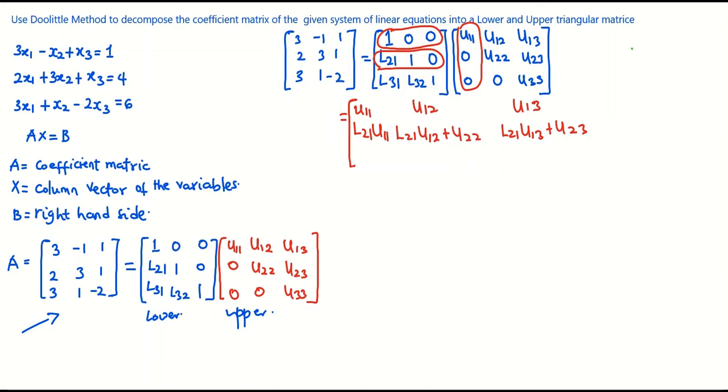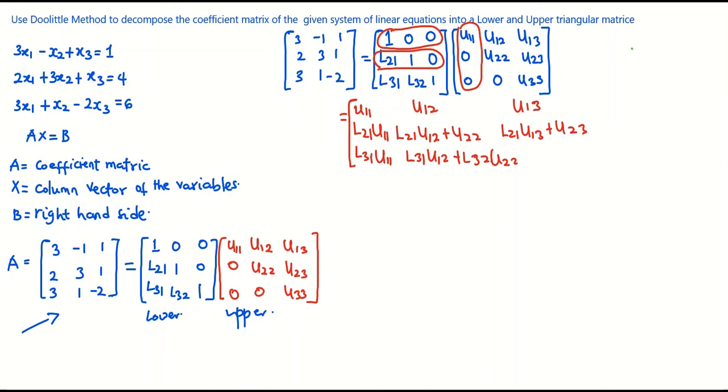For the next row, we are going to have L31 multiplying u11, so we have L31 u11, plus L32 multiplying 0 plus 1 multiplying 0, that will be 0. Then you're going to have L31 multiplying u12 plus L32 multiplying u22, and then 1 multiplying 0, which will be 0.